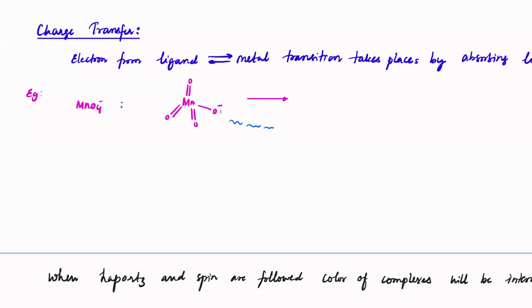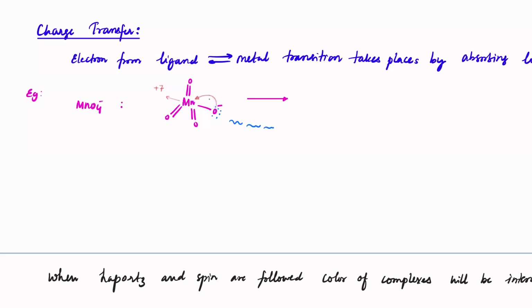What will it do? The electrons present on the oxygen will absorb it and push the electrons towards manganese. Why is that? Manganese is in a very high oxidation state, which is plus 7, so it has a very high affinity to pull electrons, and that is being helped by the light. As soon as the light falls, the electrons from oxygen take up that energy and are excited to manganese.